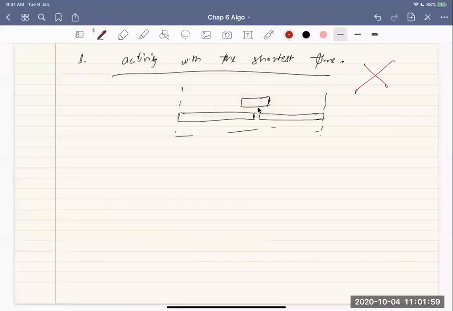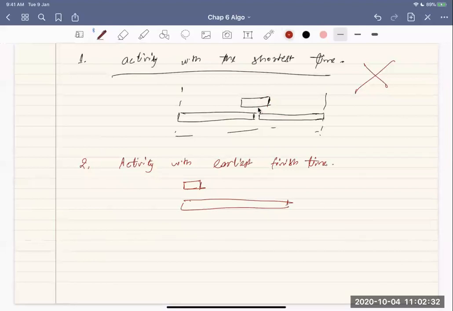Let's take the second one: activity with the earliest finish time. Can you find a counterexample where an activity that finishes earliest will not be in any optimal solution? You can think, for example, I have an activity that finishes the earliest, but there is another activity that is running longer, and then there is an activity.